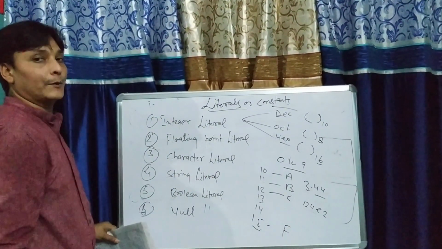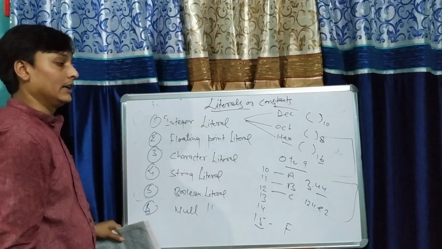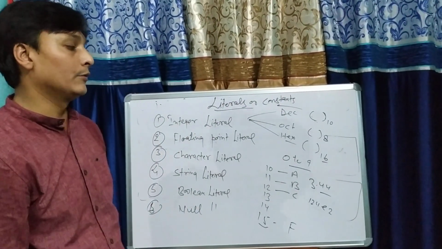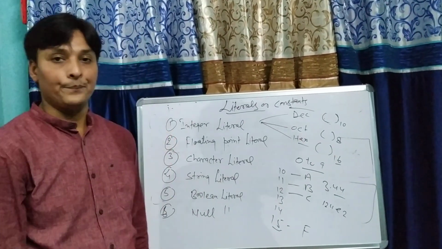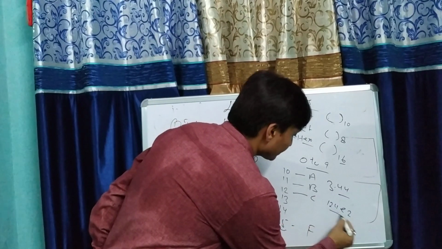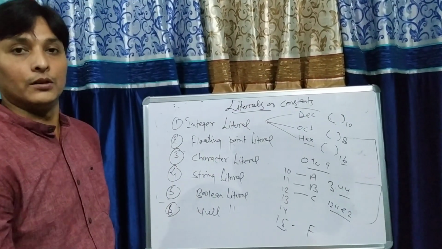So e means exponentiation over here, and it will tell the users 1 to 4 into 10 to the power 2. This is the meaning of exponentiation form.